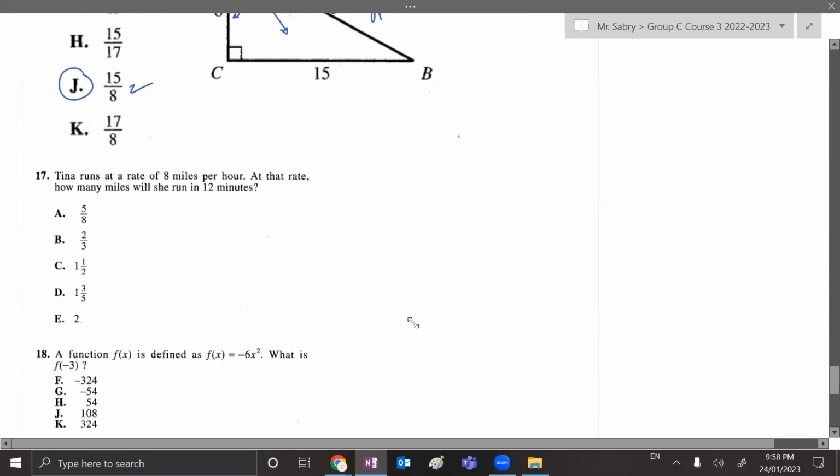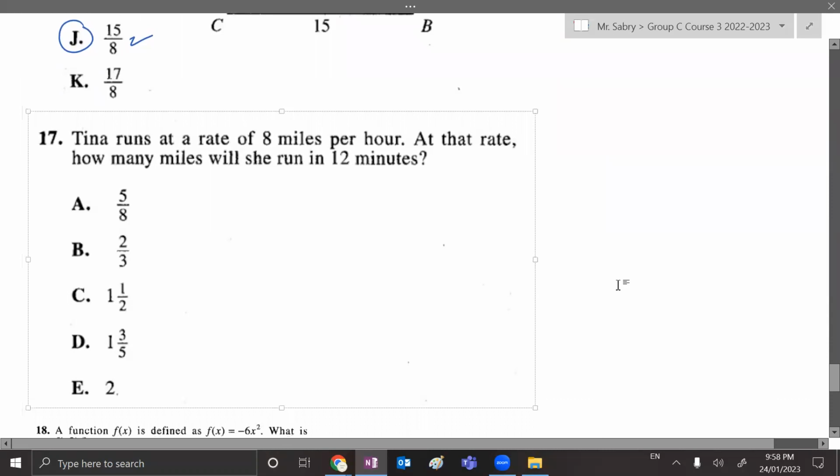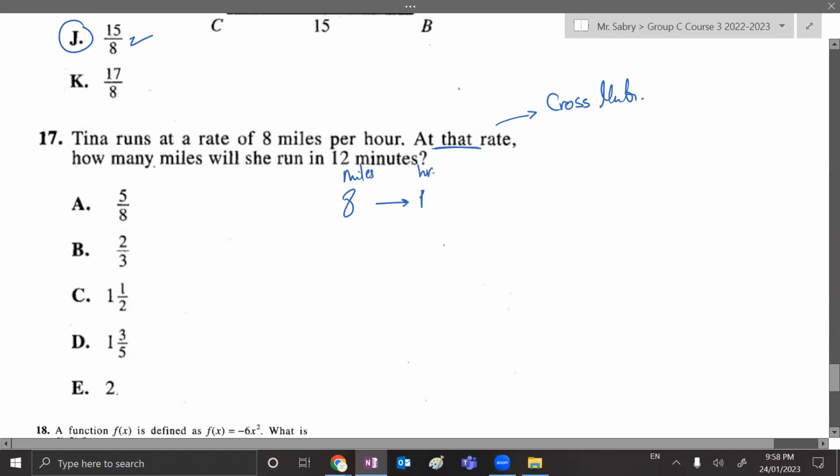Moving on to 17, Tina runs at a rate of 8 miles per hour. At that rate, whenever I see the words at that rate, probably there is a cross multiplication that's going to happen here somehow. So 8 miles per hour. These are the miles, and these are the number of hours. How many miles will she run in 12 minutes?